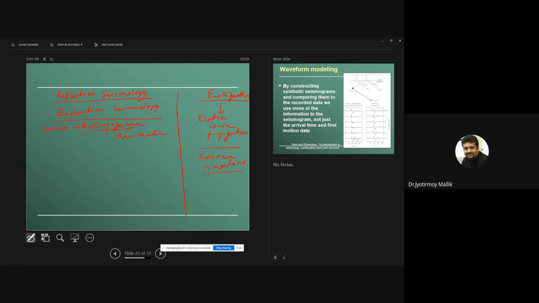Now, because earthquakes are natural, they are uncontrolled. You don't know whether there will be an earthquake below Bhopal, at which depth the earthquake will be, or of what magnitude. You can make some guesses, but it's completely uncontrolled. You cannot control it. Okay?